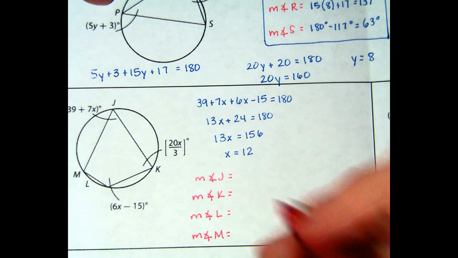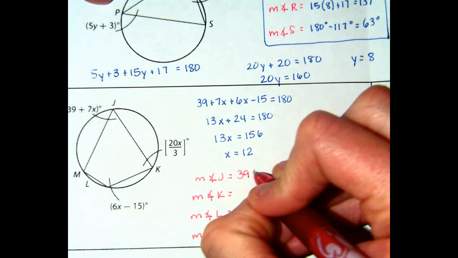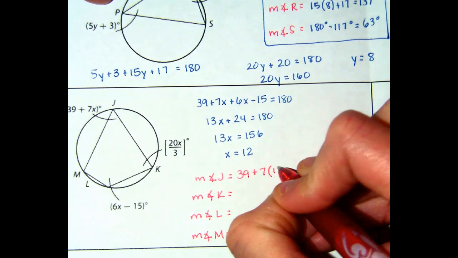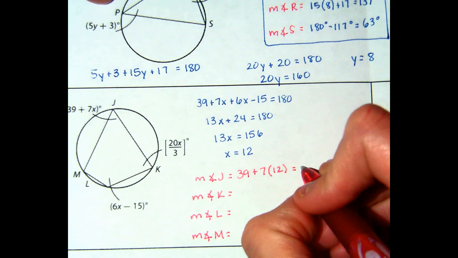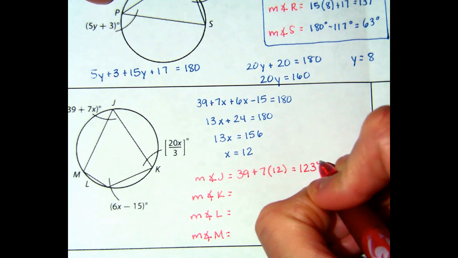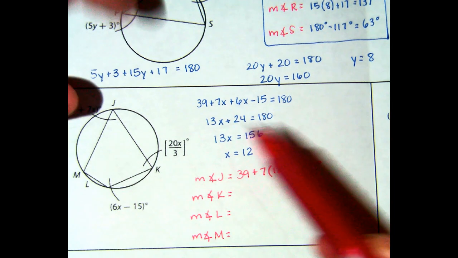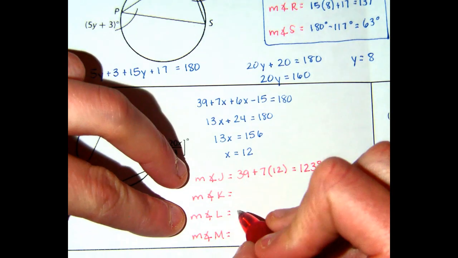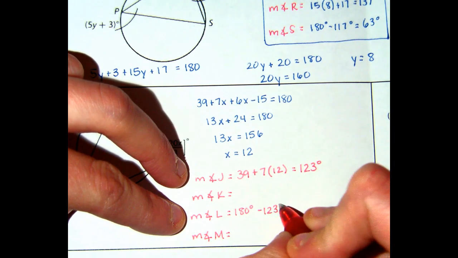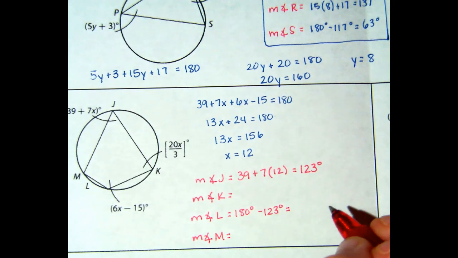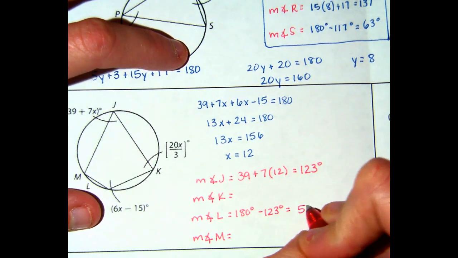So I'm going to plug in. J is 39 plus 7 times 12, and that is 123 degrees. Instead of plugging in for L, I can skip to L and say it's supplementary, so it's 180 minus 123. Or you could plug in, and you'll still get the same answer.